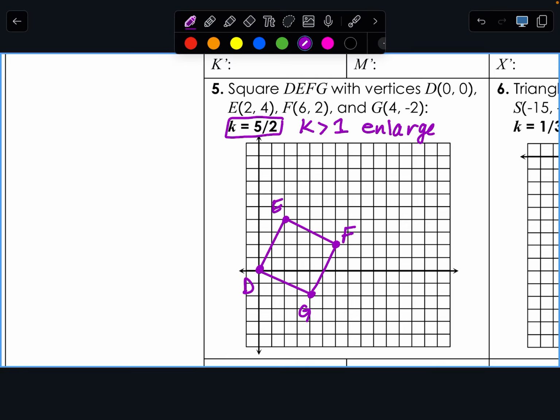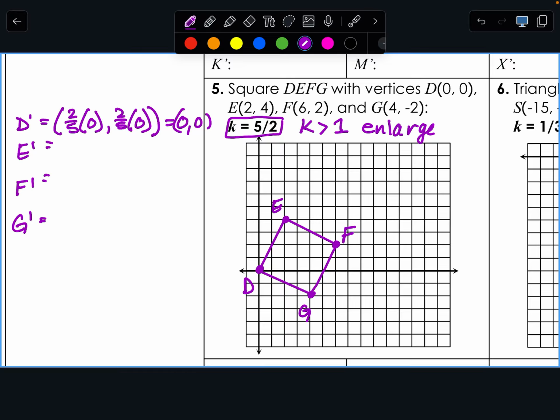Now to find D prime, E prime, F prime, and G prime, we take 5 over 2 times 0. And even though anything times 0 is 0, I'm still going to write it down because I don't want to make any mistakes. Sorry, it's 5 over 2.